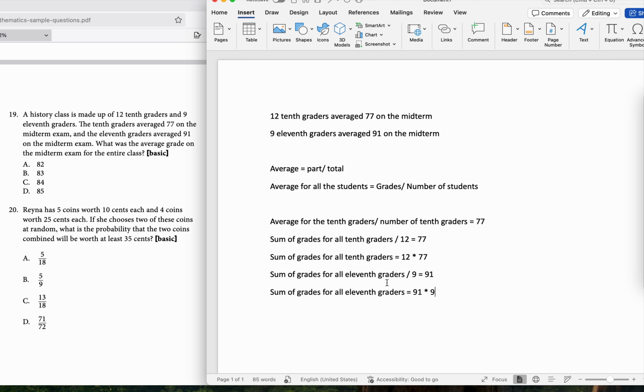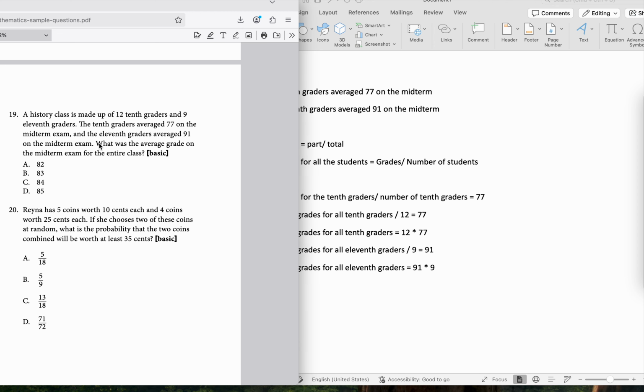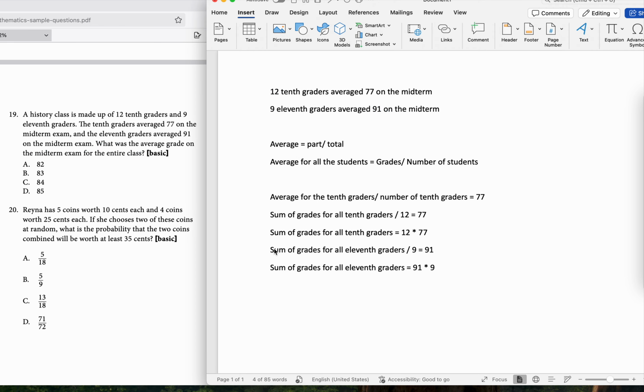Now, if I wanted to figure out the average on the midterm for everybody, it's asking what was the average grade on the midterm for the entire class. I would have to add all the 11th graders' grades and all the 10th graders' grades.